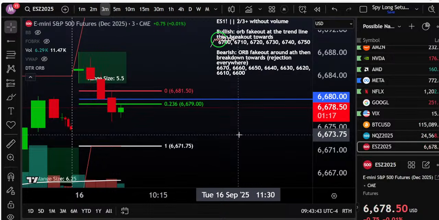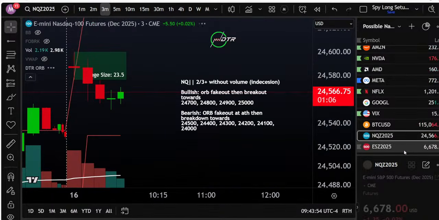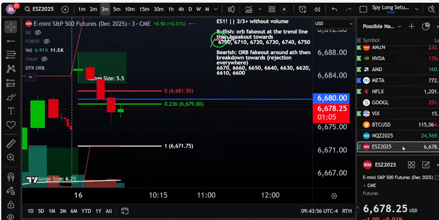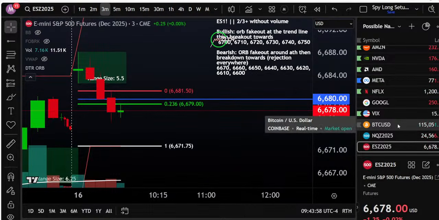So I'm being very patient here. I don't even have my order set up yet. I want to see this thing fake out, or at least see bulls fail across the board, prior to being aggressive. I don't have that narrative here yet.